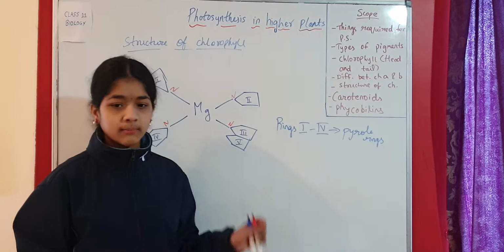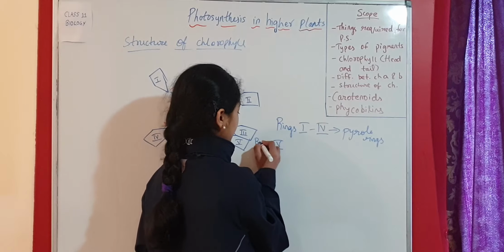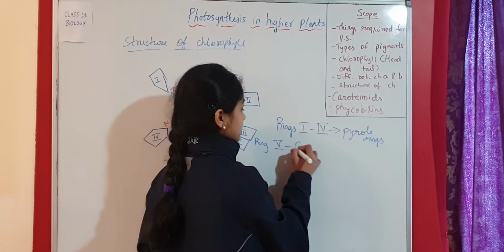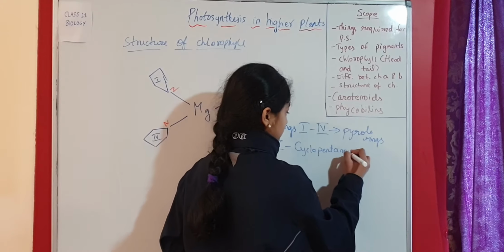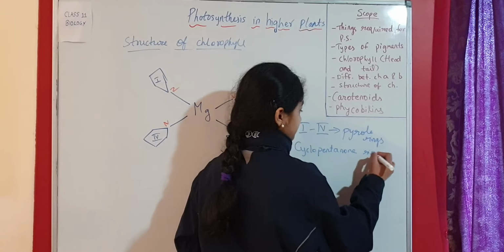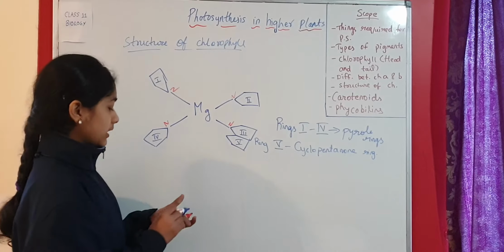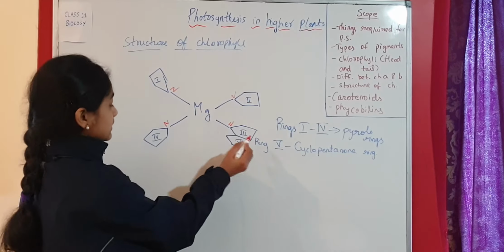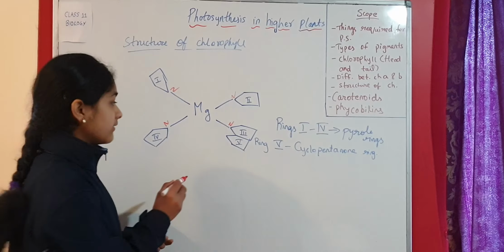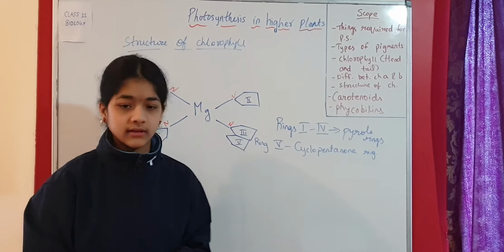Ring number 5 is called the cyclopentanone ring. Pyrrole rings are the rings from 1 to 4, this one, this one, this one and this one. Ring number 5 is this one, and that is called the cyclopentanone ring.